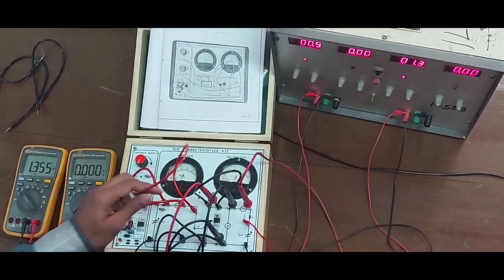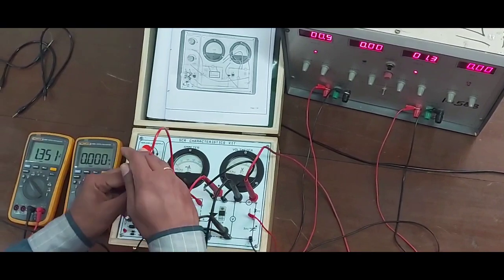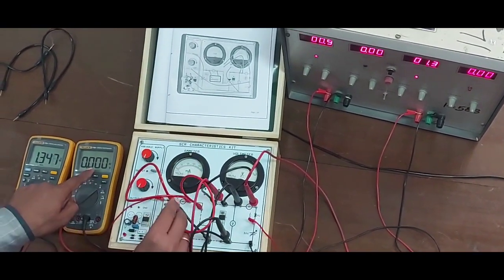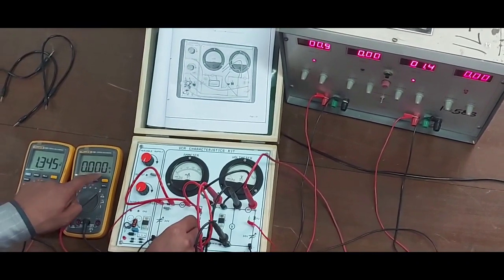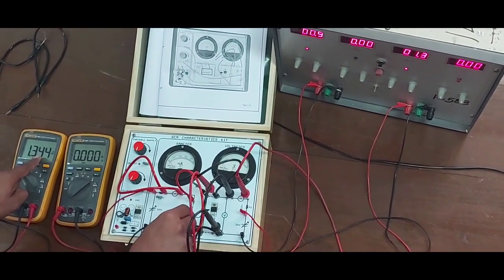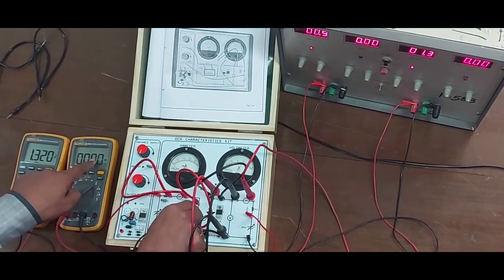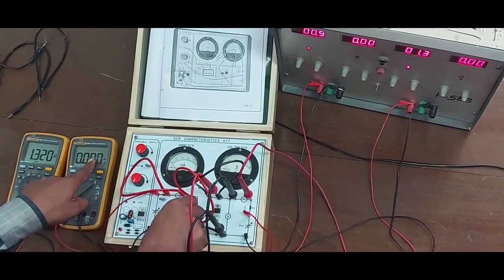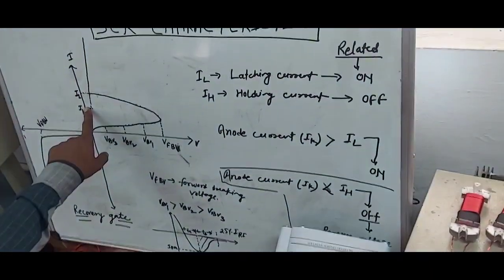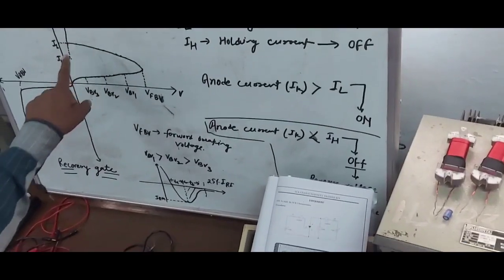When I connect the lead to the gate terminal, suddenly current rises and voltage drops. Now it is 1.3 volts across anode cathode. Just see, the SCR will not turn on because it does not reach the latching current. The anode cathode current is much less than the latching current, so the SCR will not turn on.